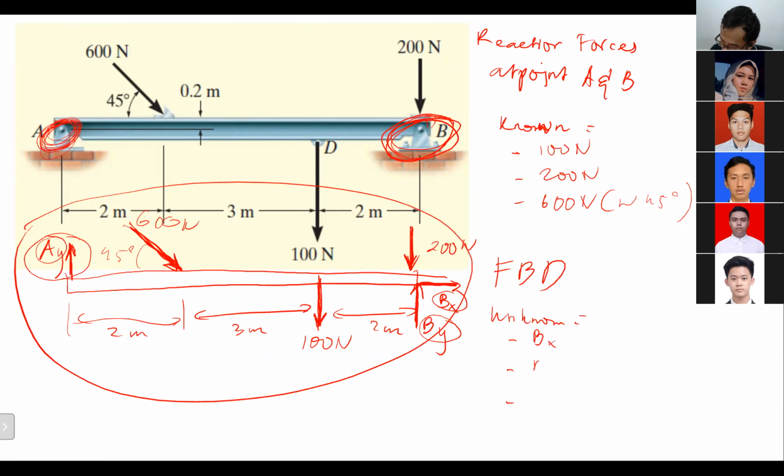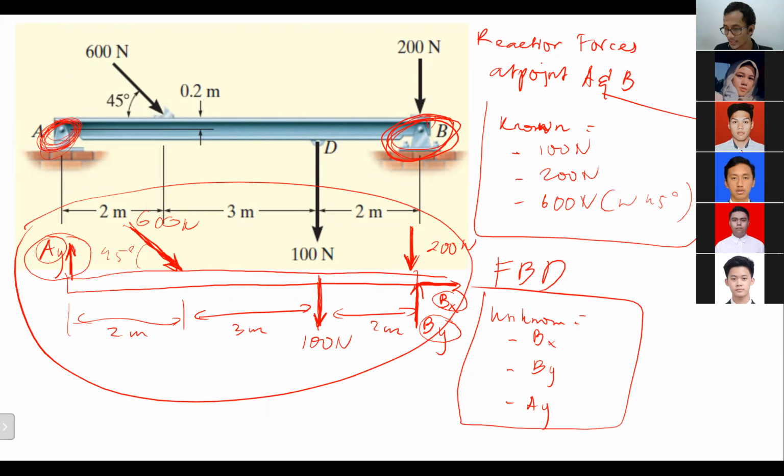Bx, By, and Ay. These are the unknowns that we're supposed to solve. These are the known things that we use to solve this, besides all the dimensions here.